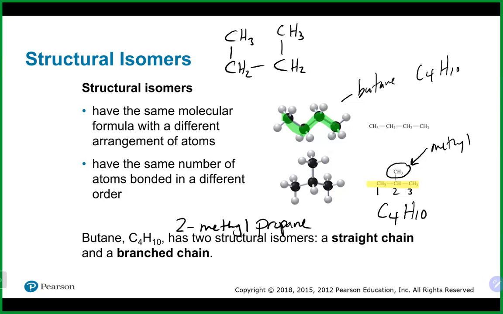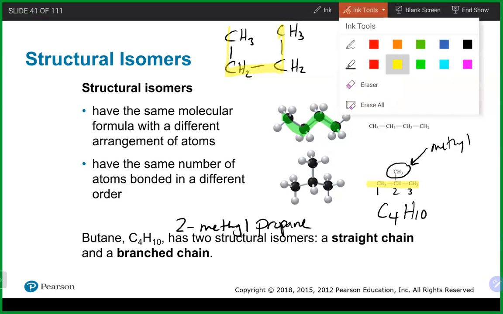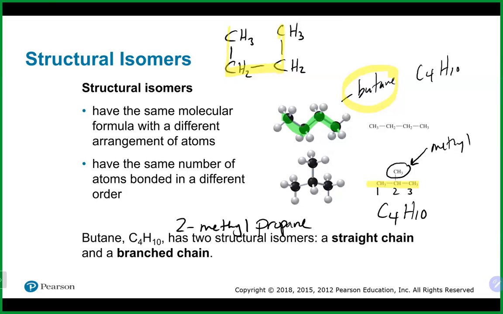Longest carbon chain is still 4: 1, 2, 3, and 4. 4 carbons is butane. Is that an isomer? It is not, because that name is butane. The first one's name is butane. It's just drawn differently. It's the same thing, so it's not an isomer. A good way to check that it is an isomer is that it needs to have a different name. So this would not be an isomer.